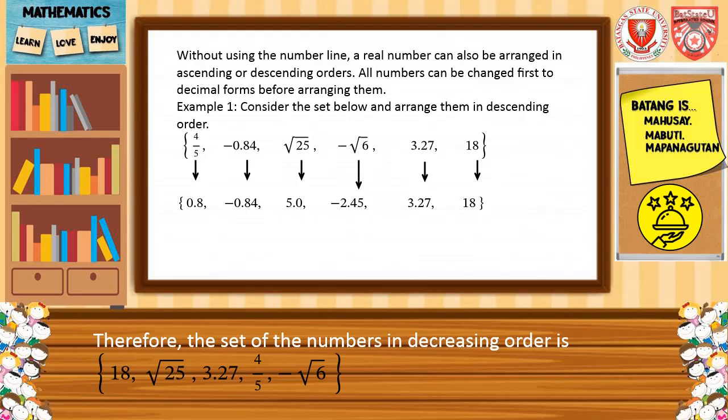And then we have the decimal forms: 0.8, -0.84, 5, -2.45, 3.27, and 18. Therefore, the set of numbers in descending or decreasing order is 18, the square root of 25, 3.27, 4/5, and negative the square root of 6.